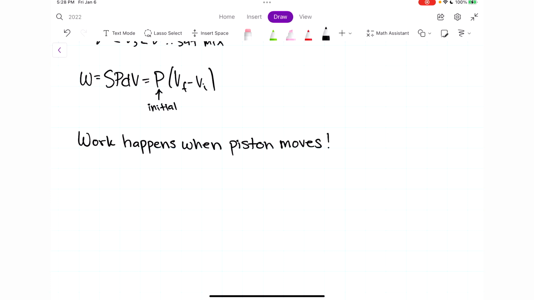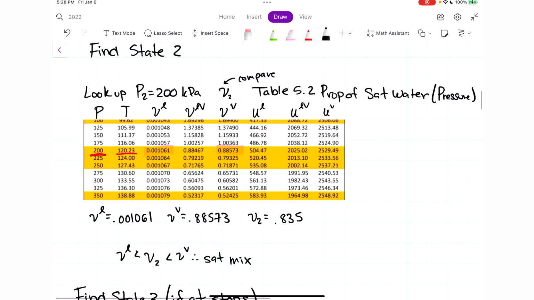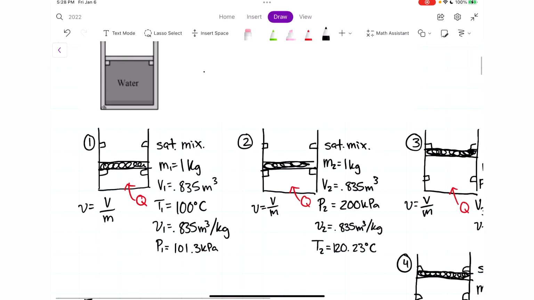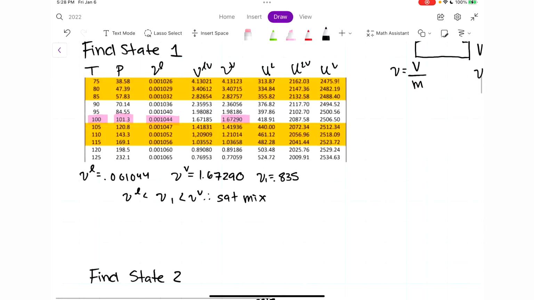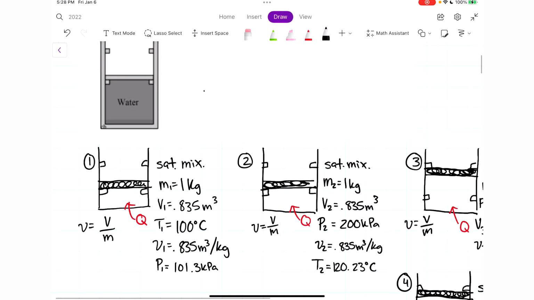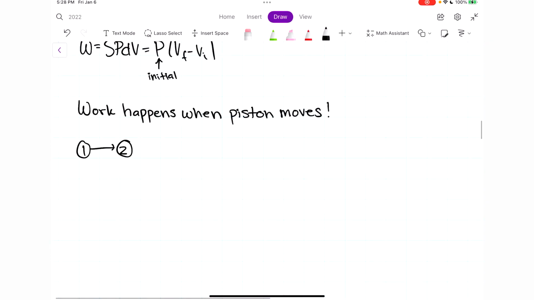Alrighty, so from state 1 to state 2, let's go ahead and look at the drawings that we drew. State 1 to state 2. Does the piston move? No, it did not move. It is still on the first set of stops. Therefore, there is no work from state 1 to state 2.